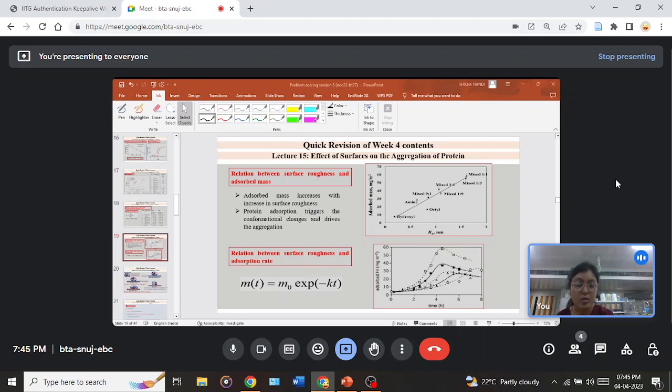If you plot a graph between adsorbed mass and time, you will find a sigmoidal kind of curve. During the growth phase, from that linear slope, this particular expression is derived, that is mt = m0 × e^(-kt).